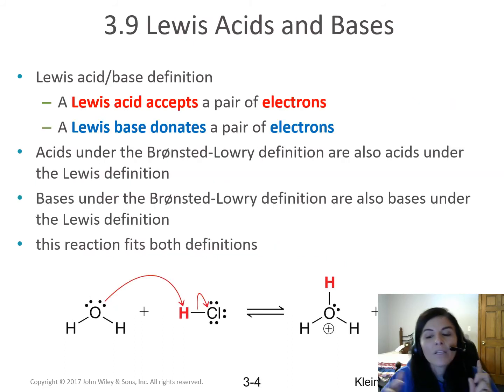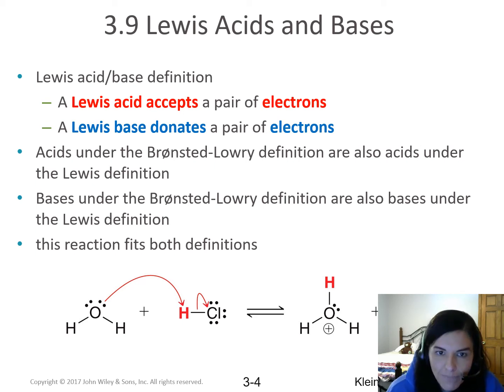Now, finally, we're going to talk a very little bit about Lewis acids and Lewis bases. The Lewis acid and Lewis base definition: a Lewis acid accepts a pair of electrons, and a Lewis base donates a pair of electrons.